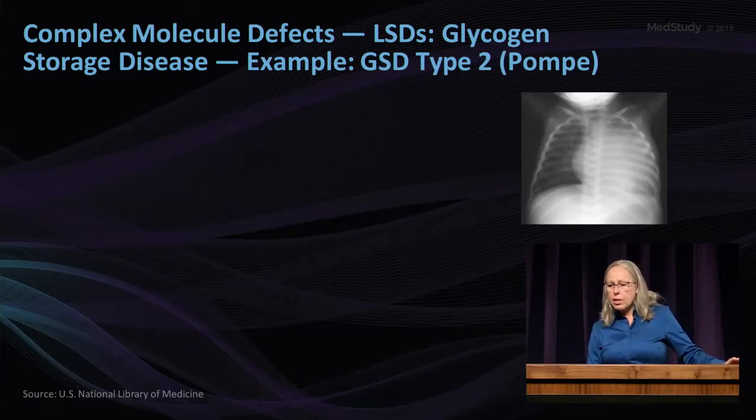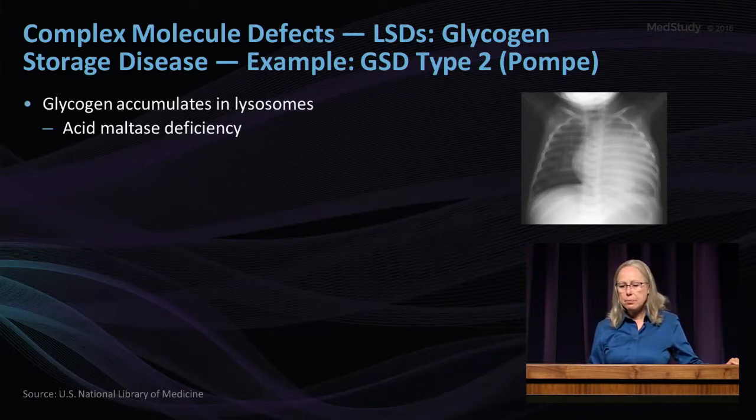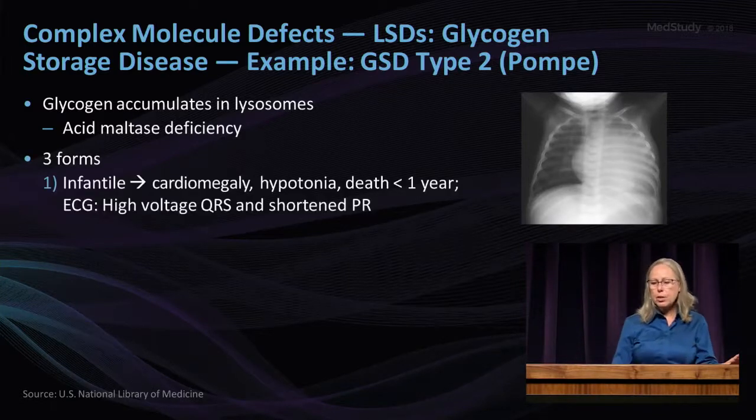There is one of the glycogen storage diseases that is actually a lysosomal storage disease. So it is classified in both places, and this is Pompe disease or GSD type 2. And that's being added to different newborn screens as well. So rather than it being a mucopolysaccharide, this is glycogen that accumulates in the lysosome, and it's due to acid maltase deficiency. There are three forms.